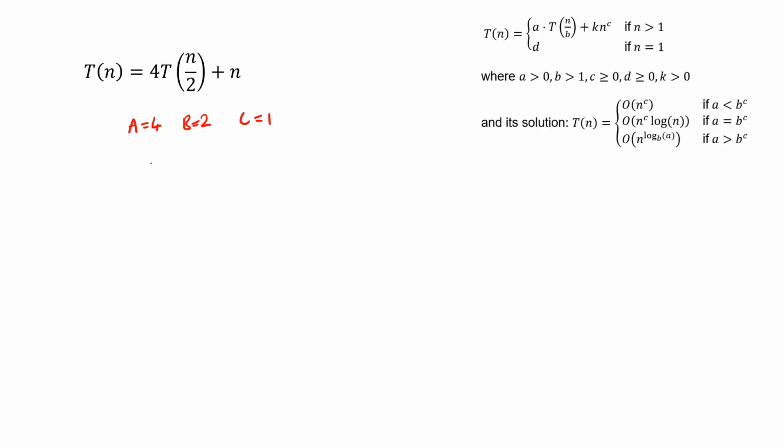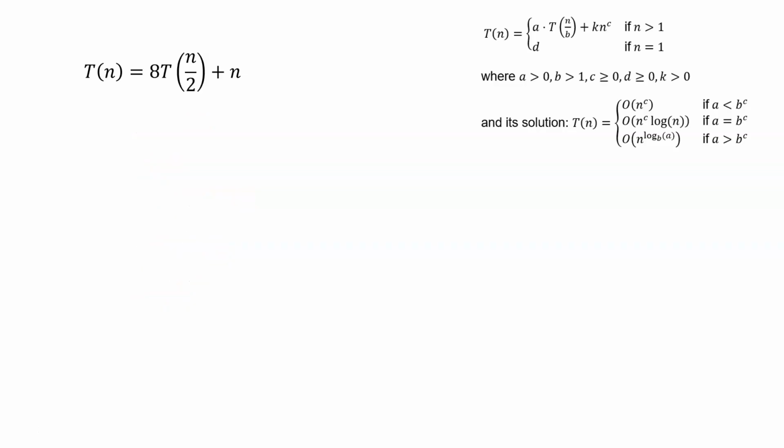Then we consider which case we are interested in. b to the power of c equals 2, and we can see that a is greater than that, so we are doing case number 3 again. So this is O of n to the log base 2 of 4, which is big O of n squared.